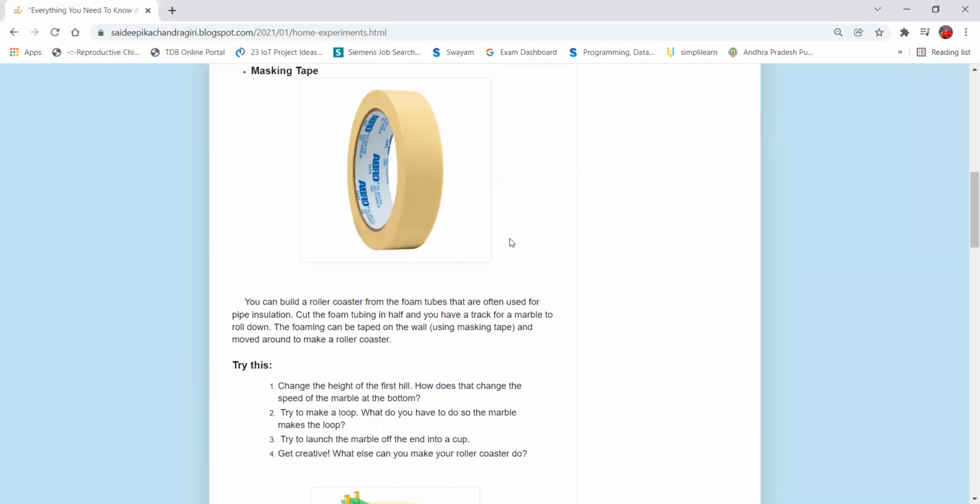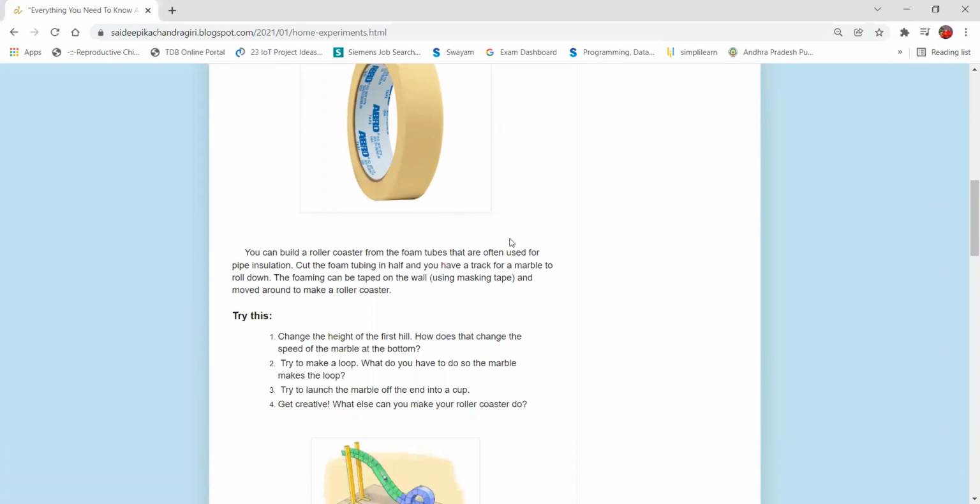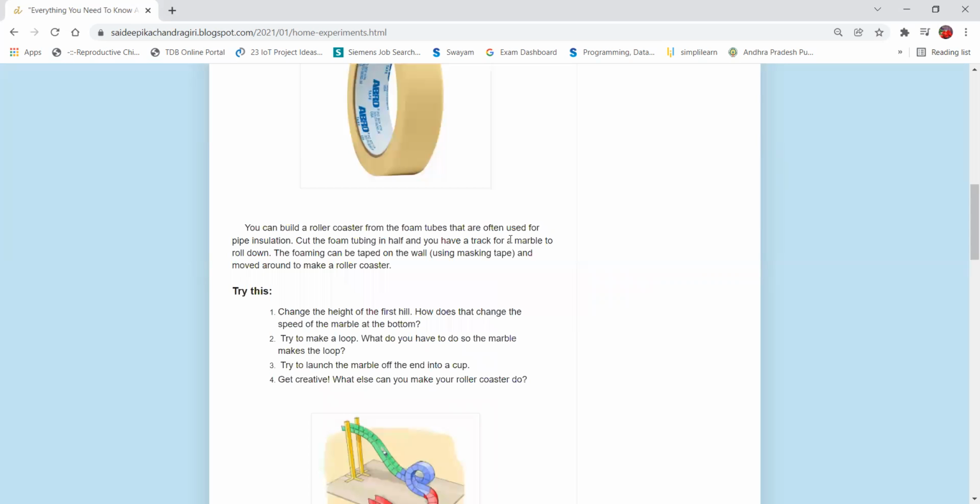Coming to the procedure, you can build a roller coaster from the foam tubes that are often used for pipe insulation. Here we are using those foam tubes to build a roller coaster, but in general, foam tubes are often used for pipe insulation.